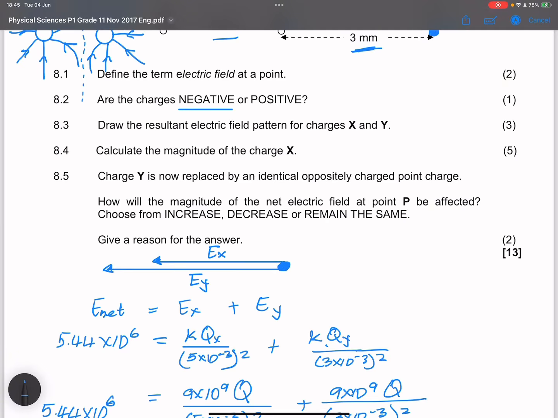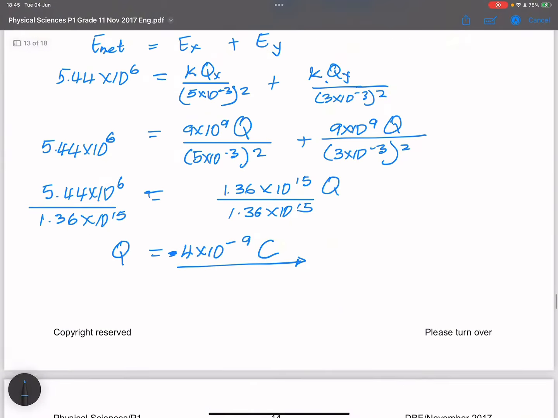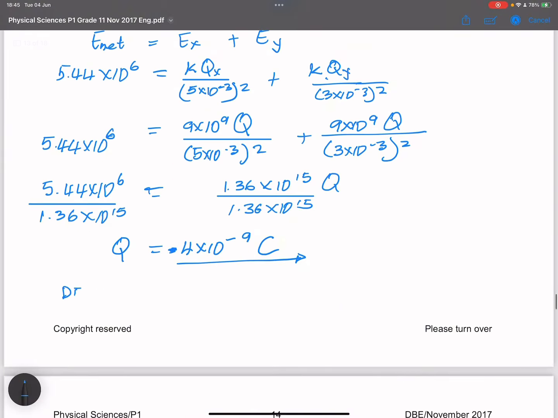It will definitely decrease. And they say give a reason for the answer. So notice now you're going to have two fields that are opposing each other, so it is going to decrease.